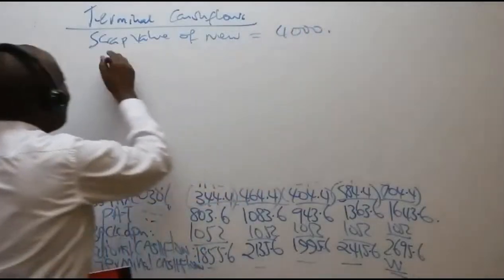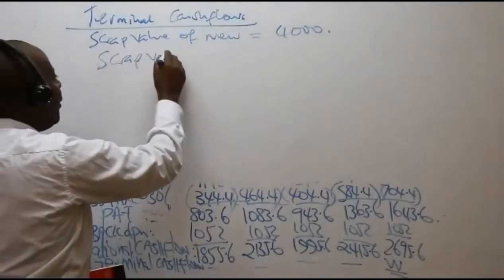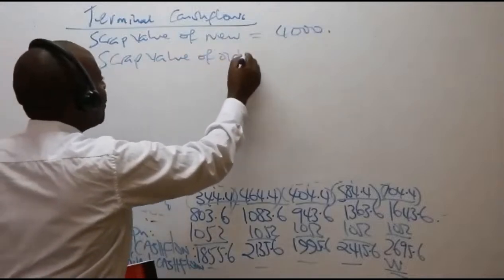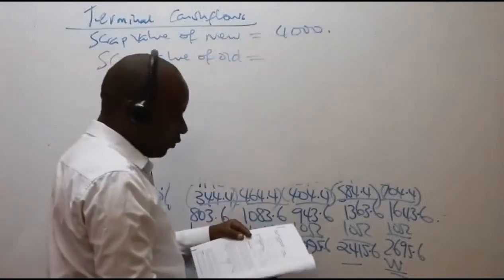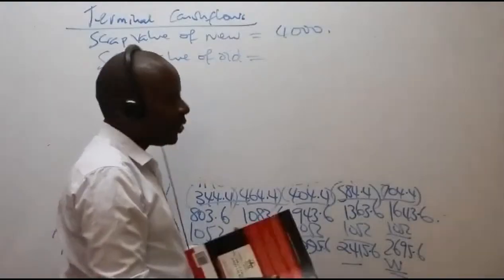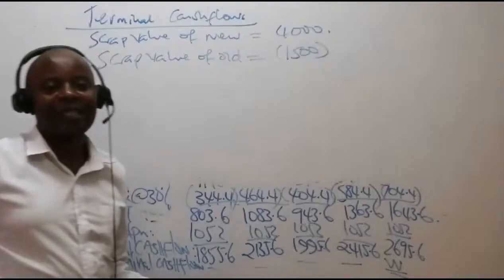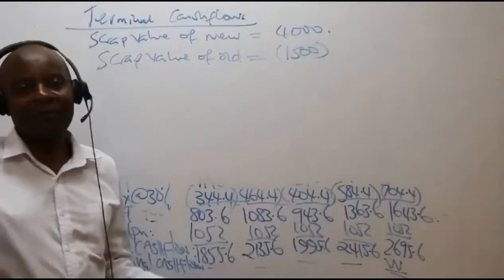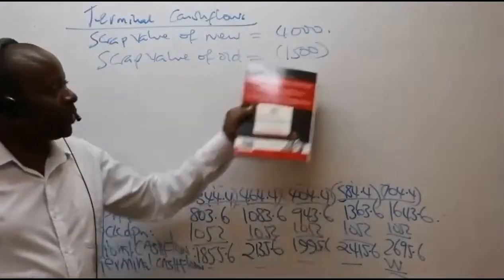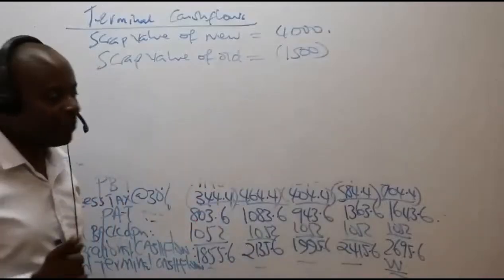And then we have the scrap value of old, they gave me a figure of 1,500. Remember, old is an opportunity cost. I'll lose that if I make a replacement decision today, so I'm capturing it in brackets.